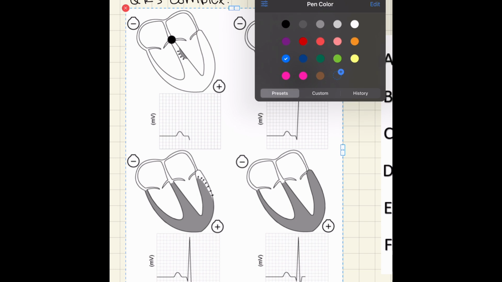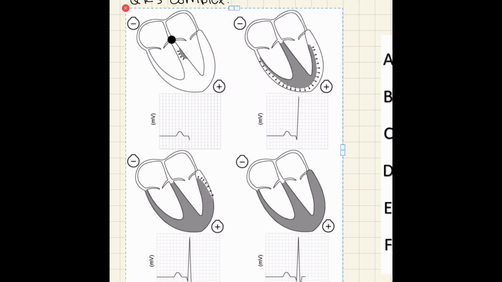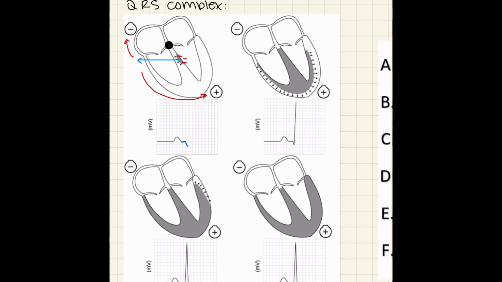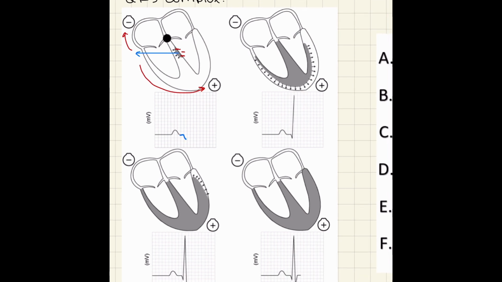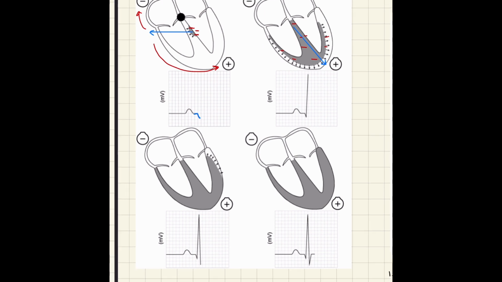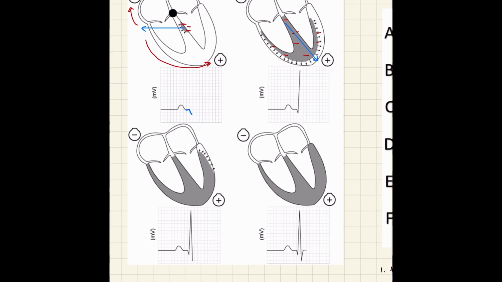Then, oh no, this is a mess. We get to the R wave, and we are now depolarizing from endocardium to epicardium. So we have a general vector pointing downwards like this, with negative charges spreading throughout the ventricles, which causes that large deflection upwards. And then the S wave, we have kind of the same thing that happened in the Q wave, but backwards, because it takes a little bit longer for that left side to finish depolarizing.